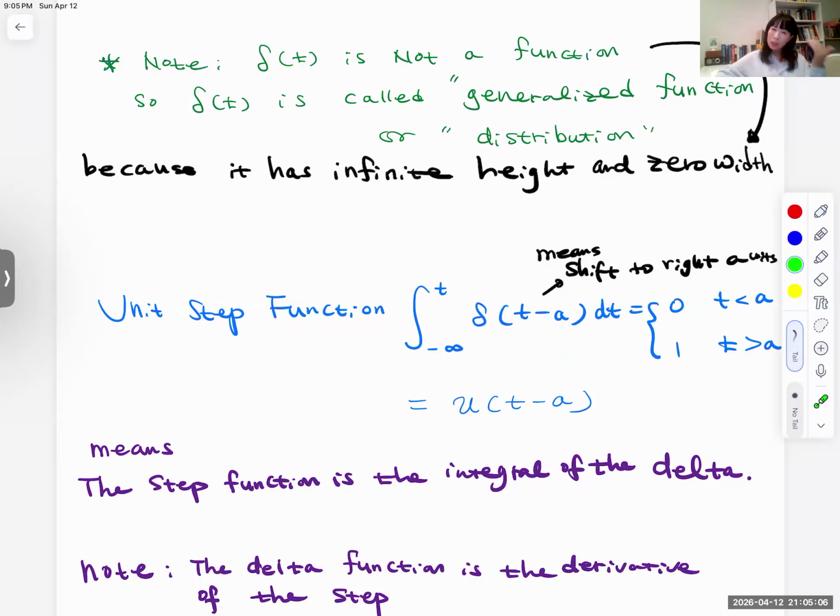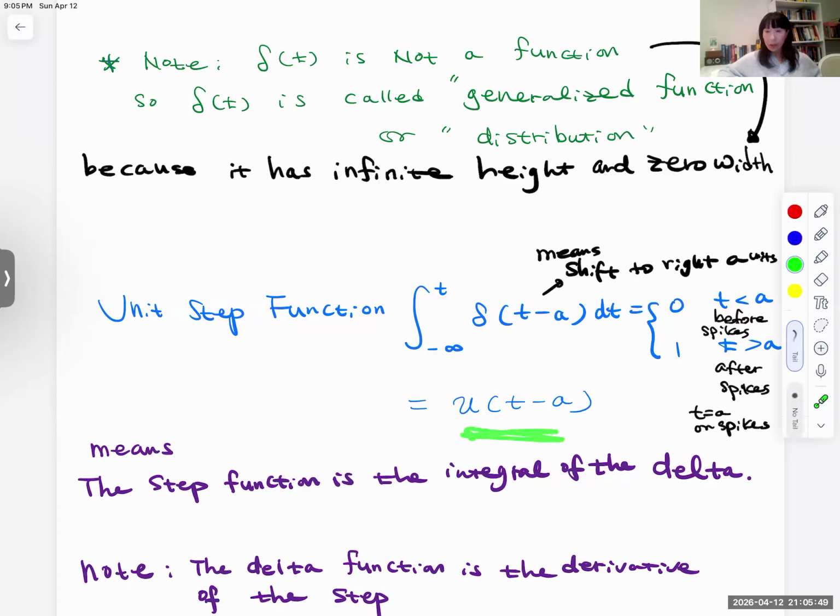If we describe it with the Dirac delta function, there is before the spike, on the spike, and after the spike. Let me write this down. This is before the spike, and this is after the spike. If we want to know about t equal to a, that's on the spike.